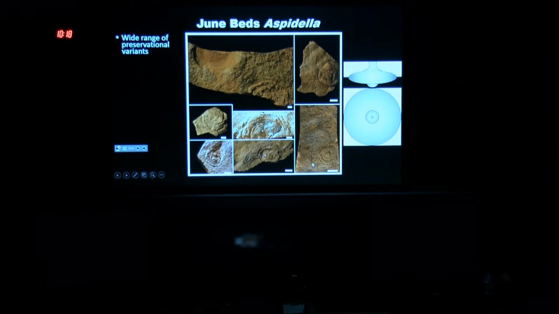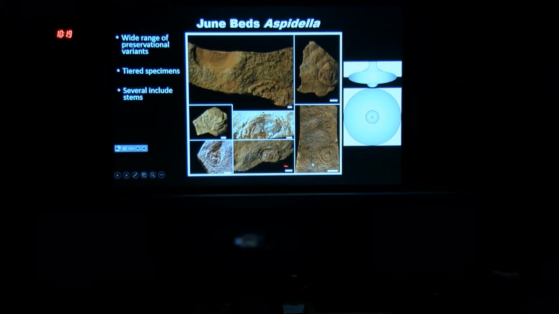Aspidella, as I mentioned before, has a wide range of preservational variants. As you can see here, even within what we studied at dune beds, it includes almost all of the preservational variants. We have, importantly, tiered specimens, as you can see here, going from the lower parts, expanding outwards towards the sediment surface, and then in negative relief specimens, shrinking back down again.